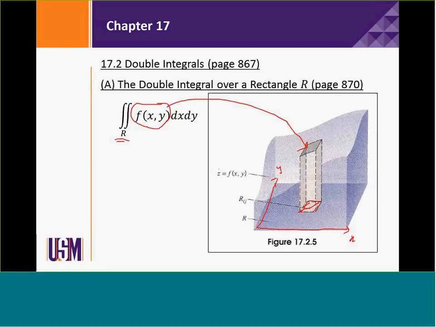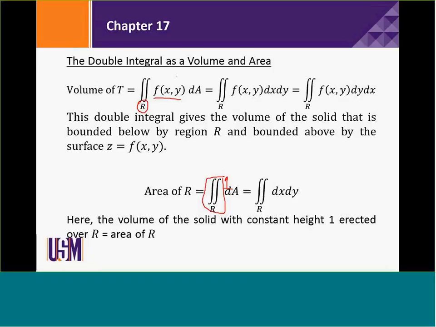So remember the formula. To find the volume using double integral, V equals the double integral of the function, with dA, over R. If we want to find area using double integral, that means the double integral of dA, but now the function is 1, over the region R. And dA here can be dx dy or dy dx.